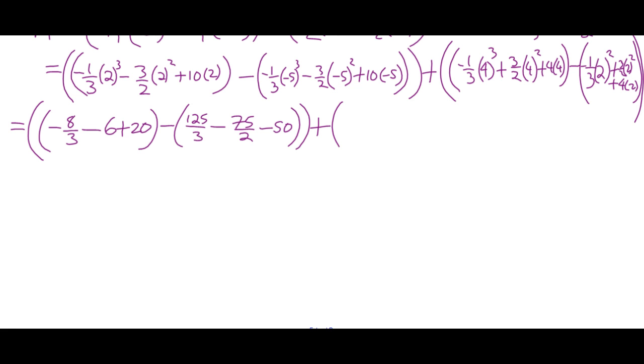Plus negative 64 thirds. 16, 2, 16 goes 8, so plus 24. Plus 16 minus negative 4 thirds plus 3/2 of 4, 12, 6, plus 6. I think I already worked this out. No, it's similar, but not quite the same. Plus 8.